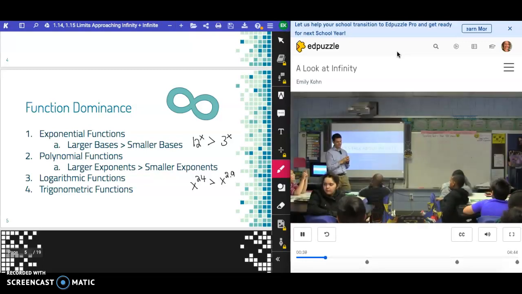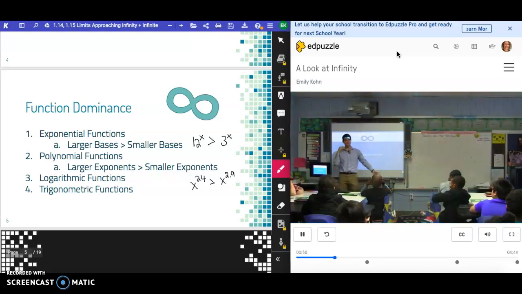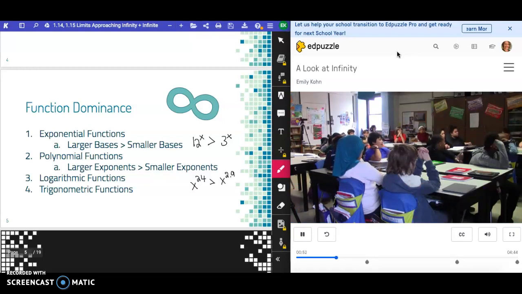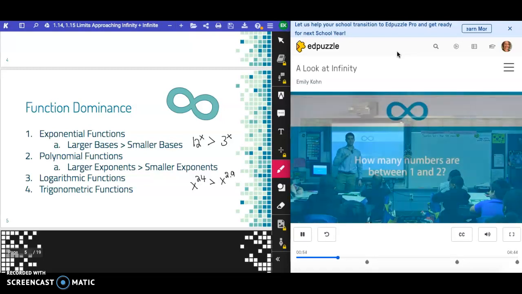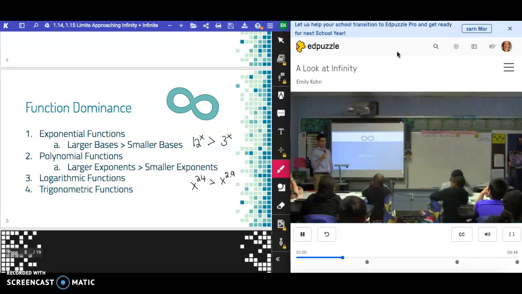So infinity is really cool because it allows us to talk about things that are either really big or really small. Infinity has this reputation of being known as the biggest number. Have you guys heard of that before? Yes. Yes. It's not. It's not. Yes, you're correct. If I asked you guys to count the numbers between 1 and 2, 1.1 is slightly bigger than 1, right? And it definitely is between 1 and 2.